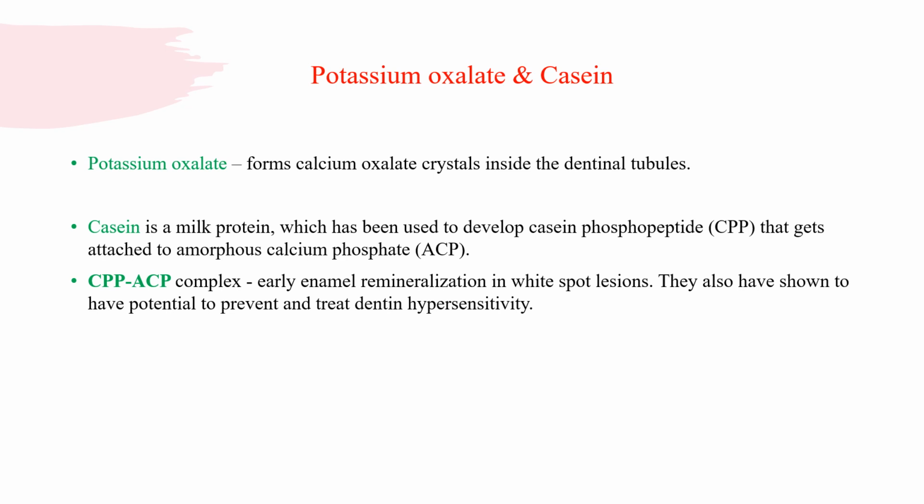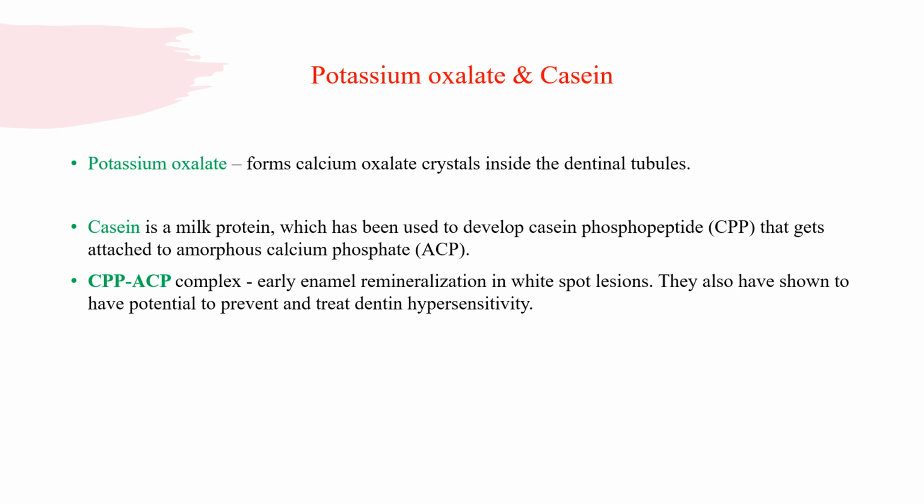Potassium oxalate acts by forming calcium oxalate crystals inside the dentinal tubules, whereas casein, which is a milk protein, has been used to develop casein phosphopeptide that gets attached to amorphous calcium phosphate. This CPP-ACP complex helps in early enamel remineralization in white spot lesions.